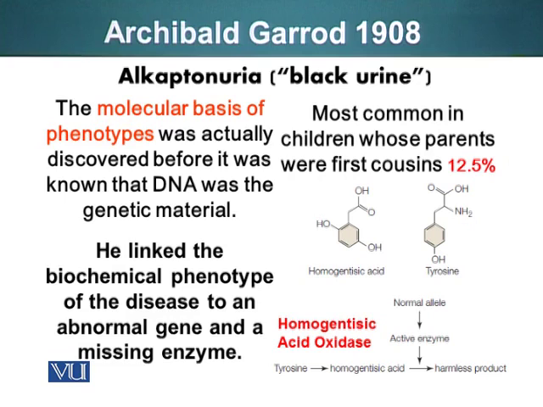In metabolism, tyrosine is converted into homogentisic acid, which is then converted into a harmless product by this enzyme. Low levels of homogentisic acid can be tolerated, but if this enzyme is missing or non-functional, homogentisic acid will accumulate and it will cause damage.